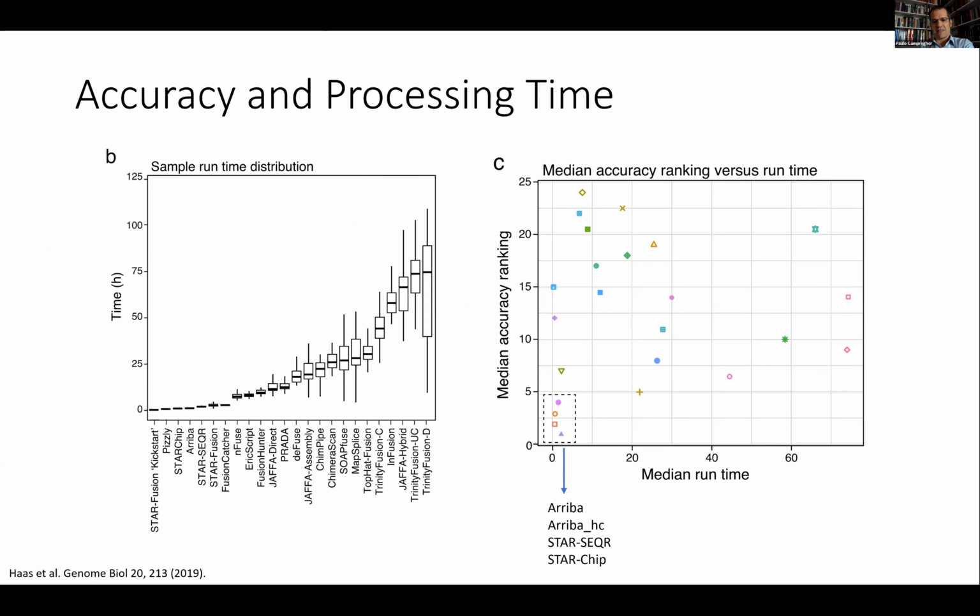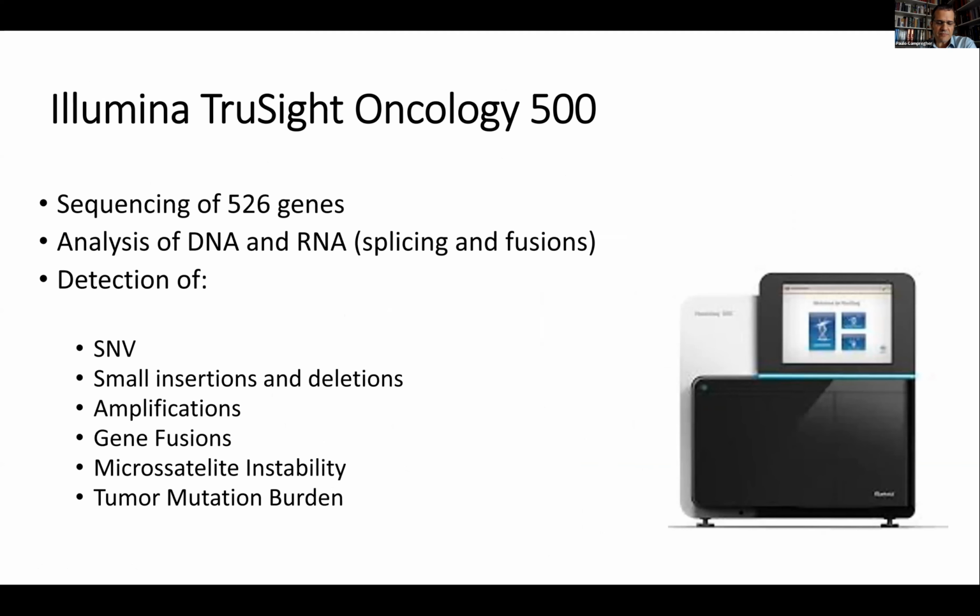This is an interesting graph, because when they looked at median runtime and median accuracy, I would say the 3 top tools were Arriba, STAR-Fusion, and STARChip. Arriba high-confidence is only the high-confidence calls by Arriba. And that was the conclusion. These are the 4 best tools for finding fusions from RNA-seq data.